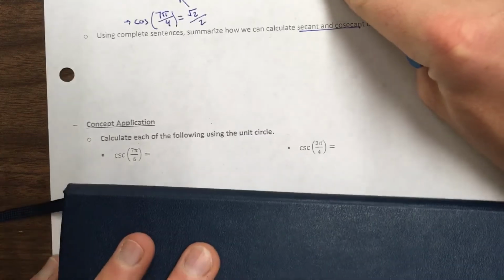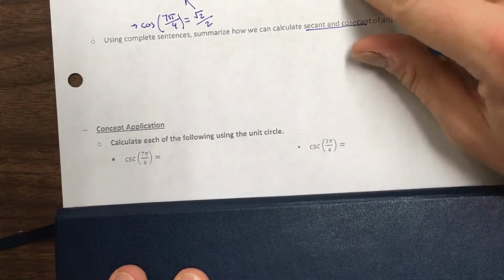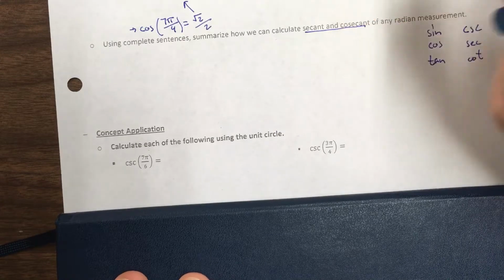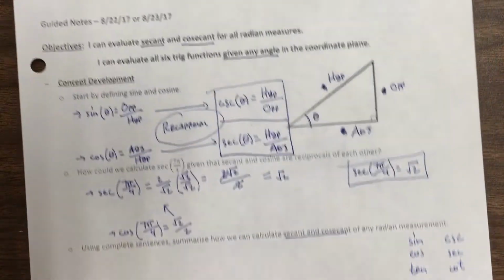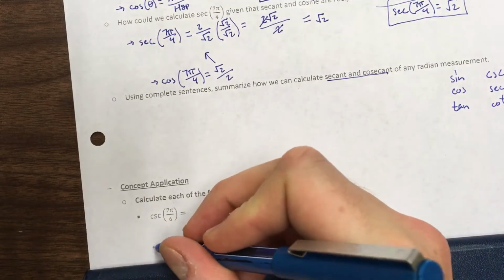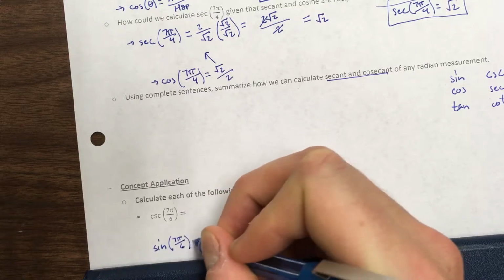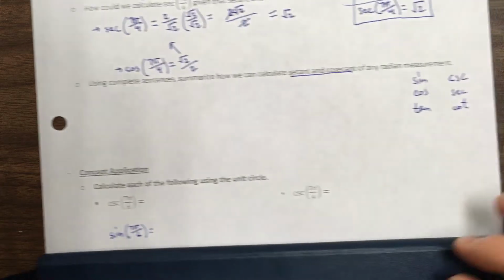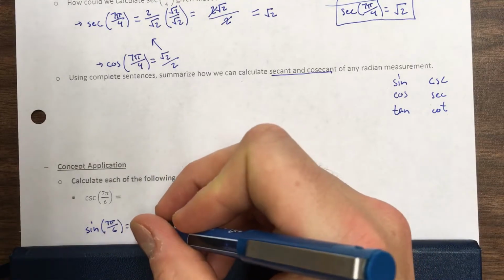So here, I gave students time to work on these next 6 in class, and if we wanted to find cosecant of 7 pi over 6, we need to first look up here. Cosecant is going to be related to sine. So if I can find sine of 7 pi over 6, sine is the y coordinate, so that would be -1/2.